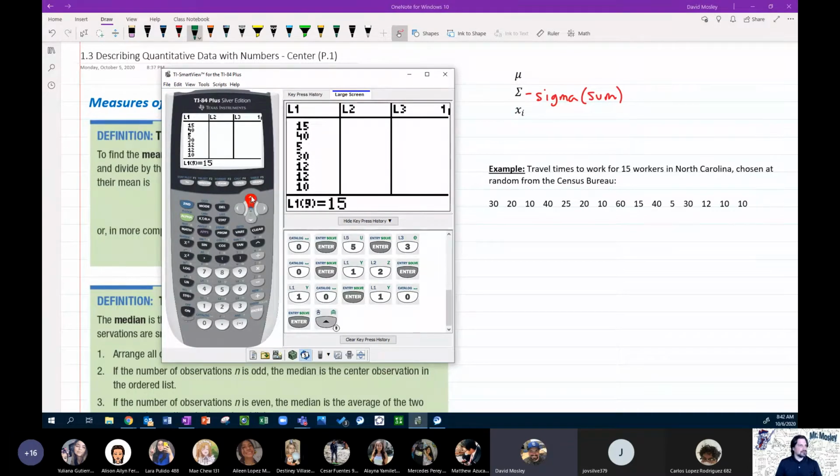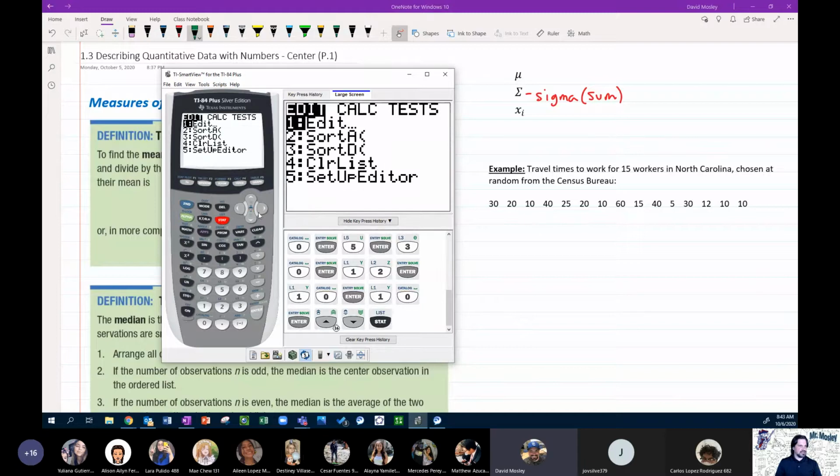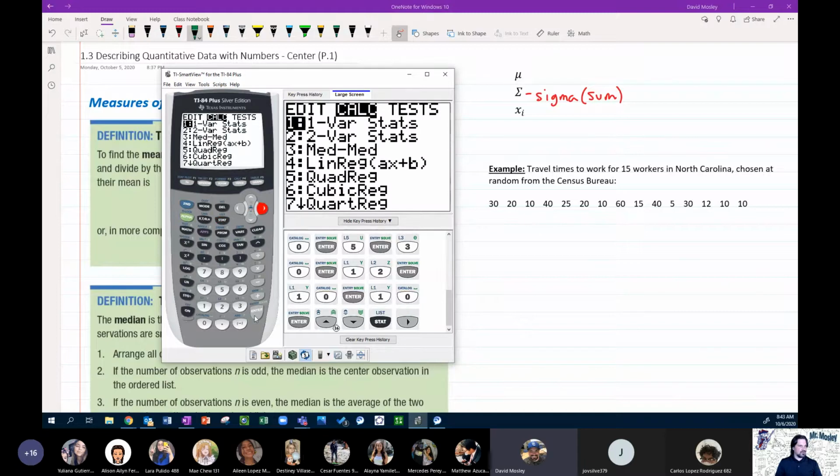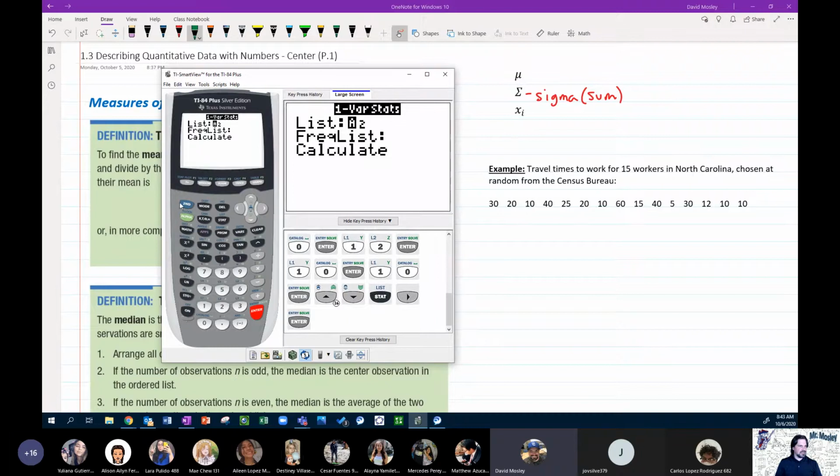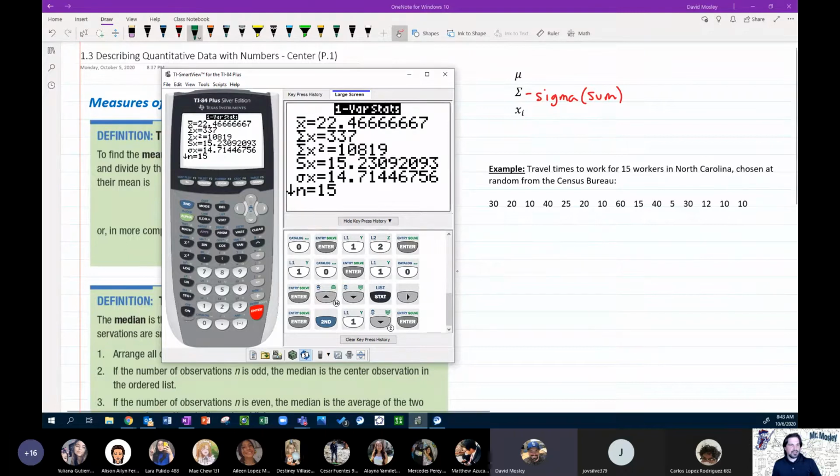And now I'm going to have the calculator do my work for me. I'm going to go back to stat, say calc, one variable statistics, and I need list one. Calculate. All right, there we go.